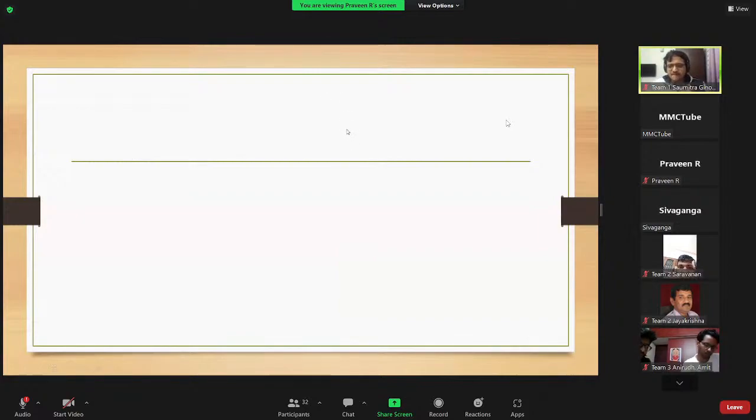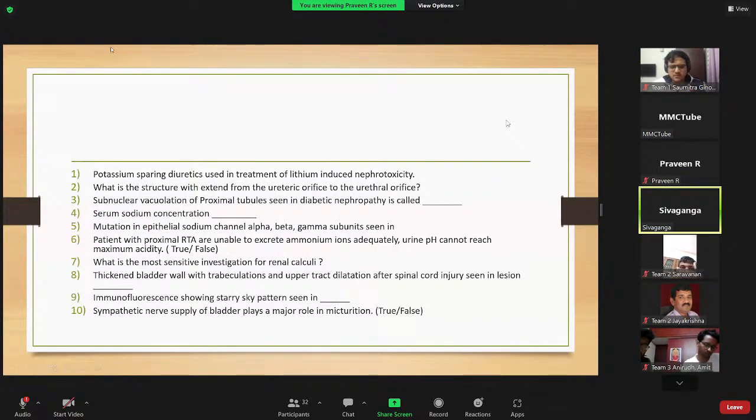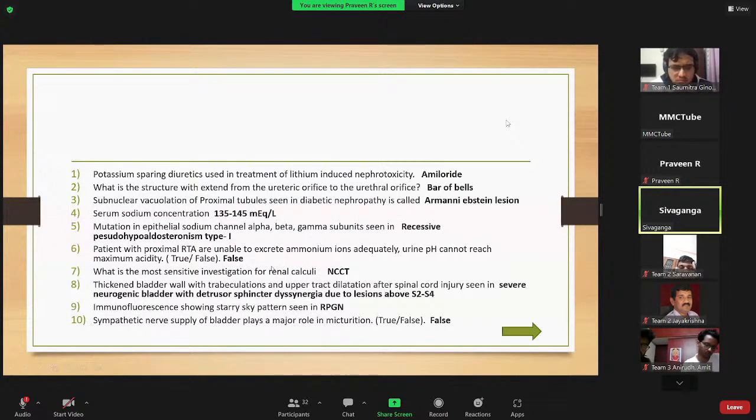Hello. Answer slides. First one, amiloride, right? You said correct. Second one is the structure which extends from ureteric orifice to ureteric orifice is bar of Mercier. Third one is Armanni-Ebstein lesion, correct. Fourth one, 135 to 145 milliequivalents per liter is correct.